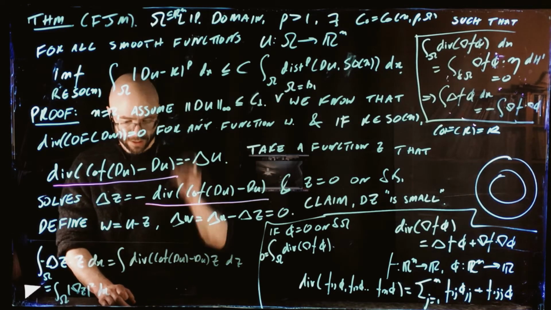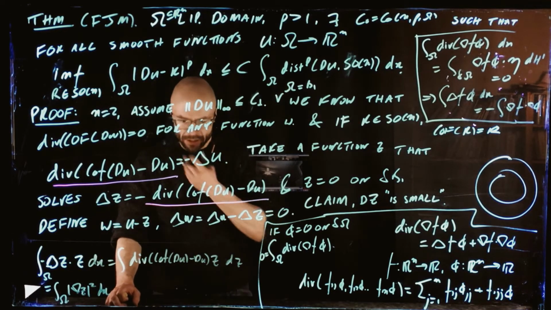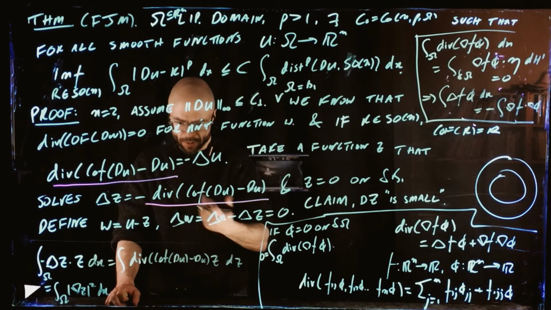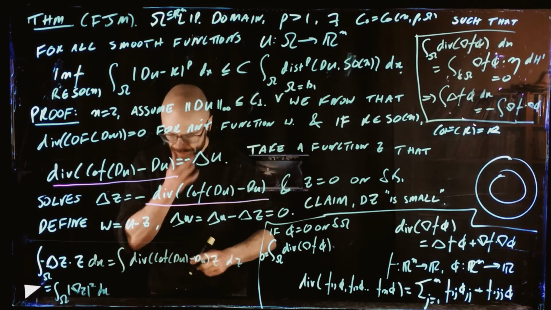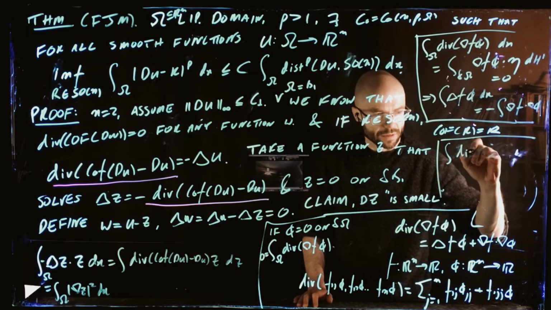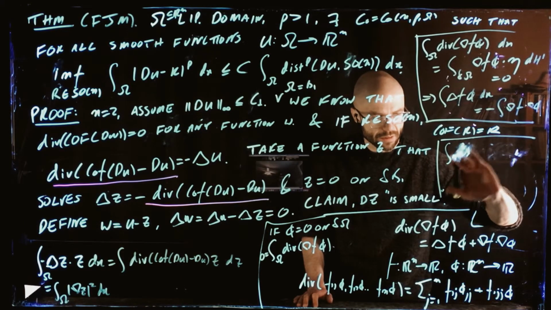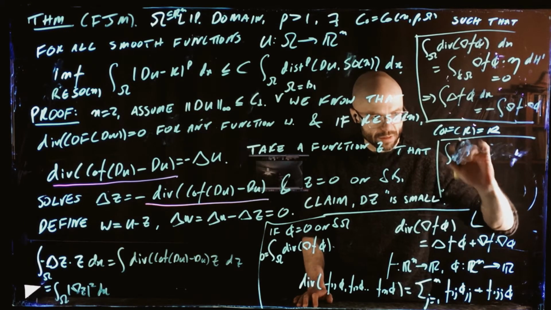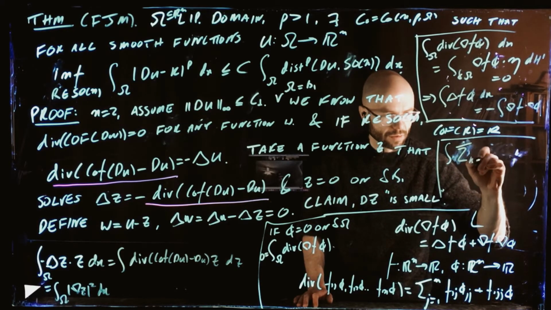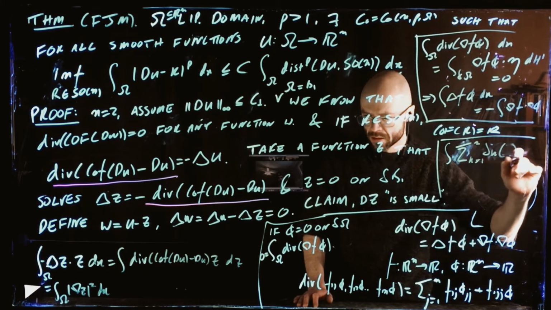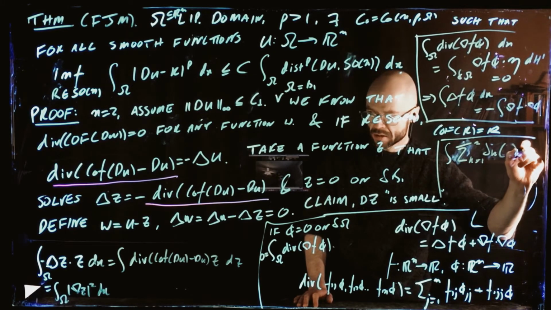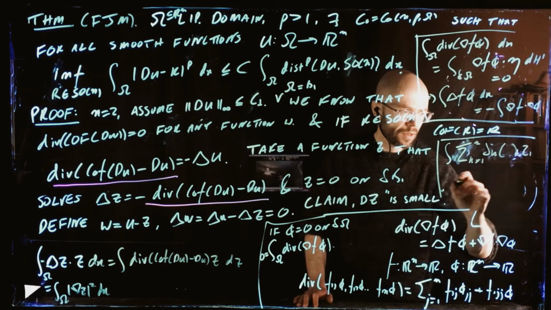And then we're going to do the same thing of putting the divergence on the other side. It's the divergence, so it's the sum of these partials, k equals 1 up to n, of the partial k of this thing times z1.